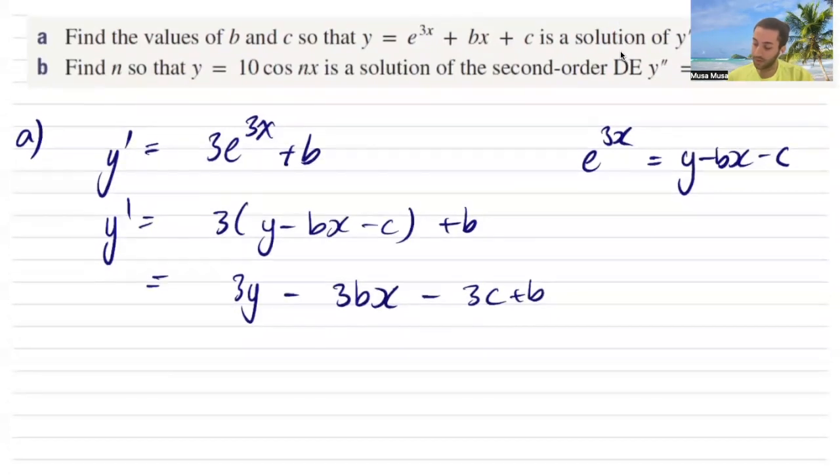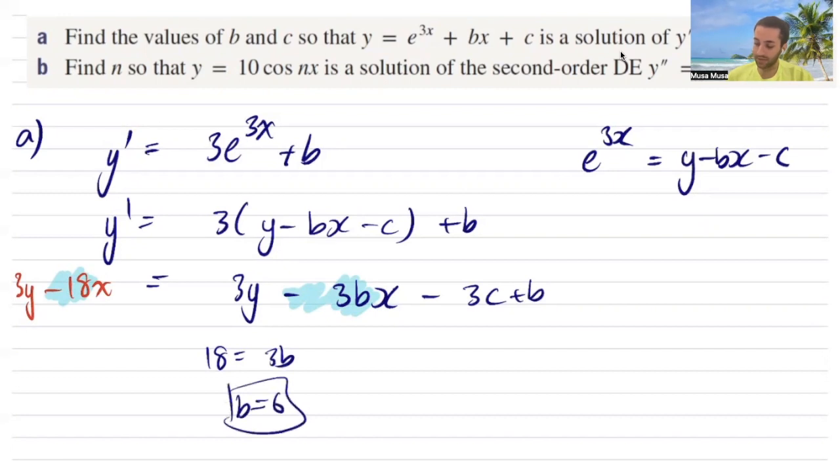Okay. Now, if this is supposed to equal 3y minus 18x, then this minus 18 should correspond with this minus 3b. So therefore 18 equals 3b, and therefore b equals 6.